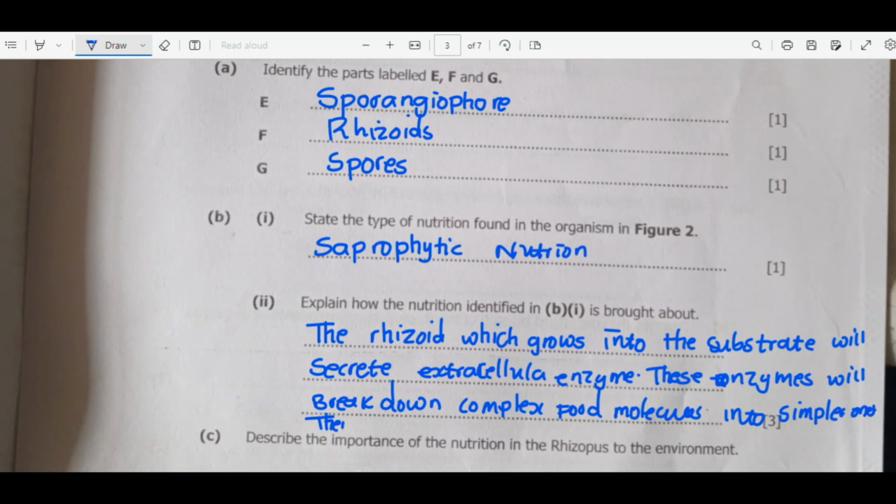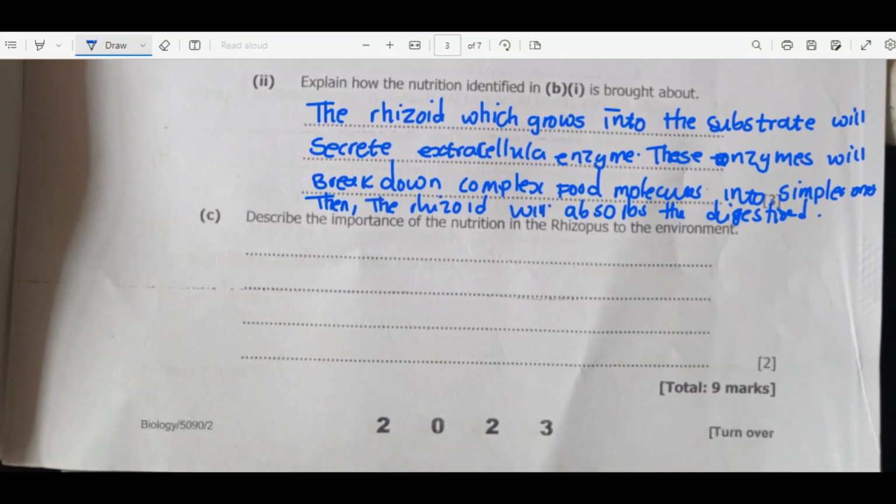Then the rhizoid will absorb the digested food molecules. And we are saying after the digestion, we are expecting active transport to move the materials from the outside of the organism to the inside of the cell. Then let's move on to question C.